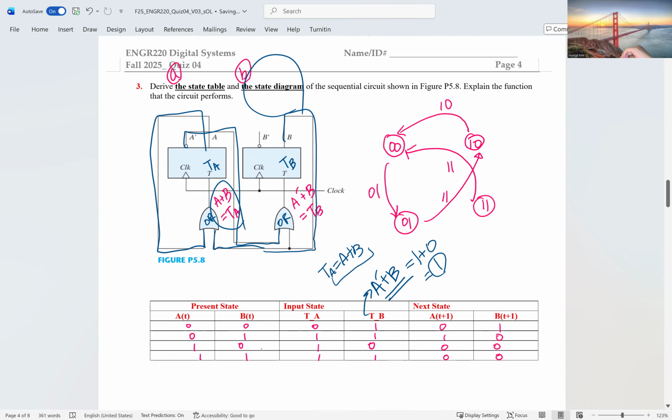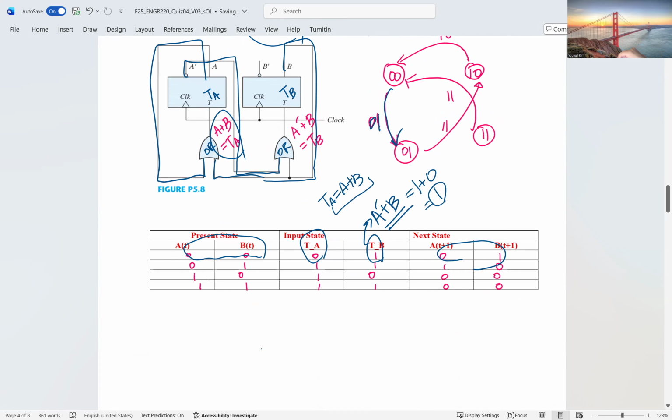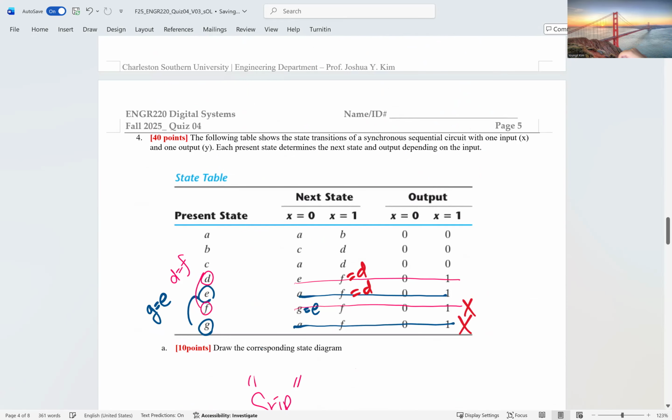But again, this is not the output, just the input: two inputs, T sub A and T sub B. So for example, 00 to 01. So T sub A, T sub B is just 01. Okay, because there is no output. So the input, next state, present state, you can figure out, and also the state diagram. Okay, it's a very important question.